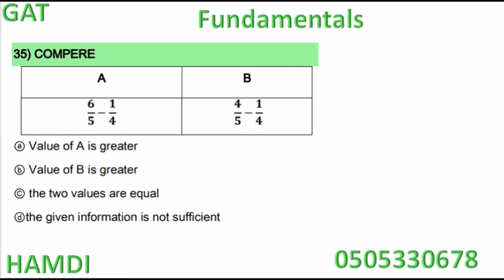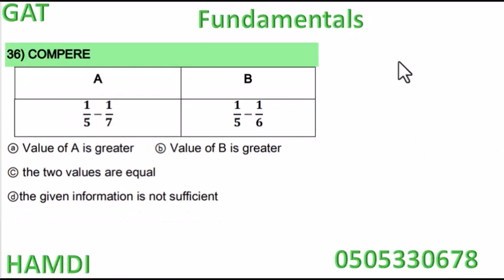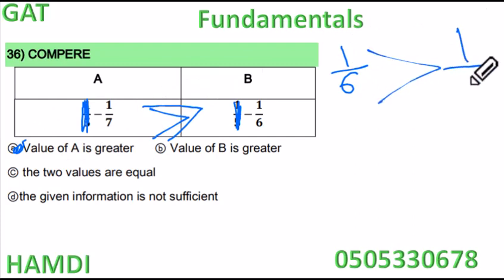In question number 36, we cancel 1 over 5 and here 1 over 5. Negative 1 over 7, but here negative, so value A is greater because 1 over 6 is greater than 1 over 7.